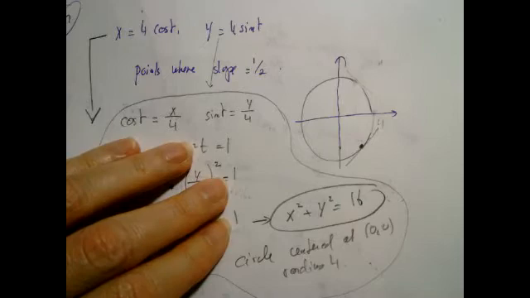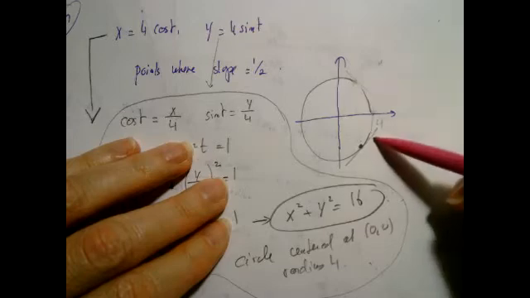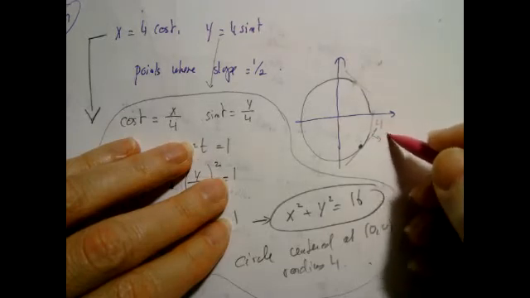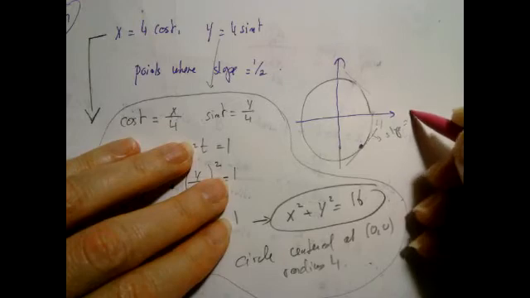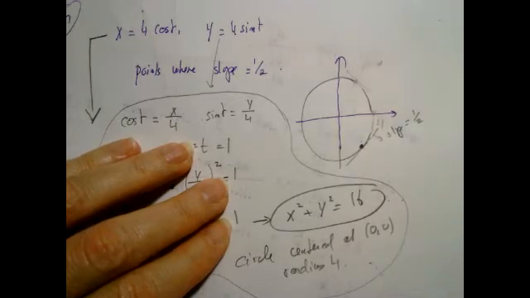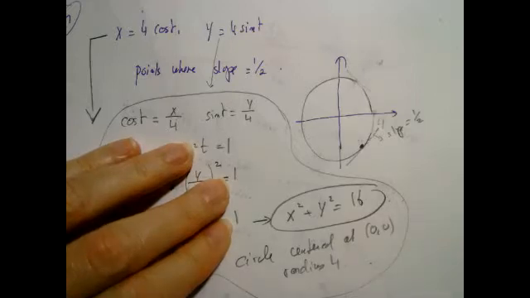Think about slope. Which other point on the circle will have, so let us say this is the slope of 1/2. Which other point on the circle will have the same slope? 180 degrees around the circle.